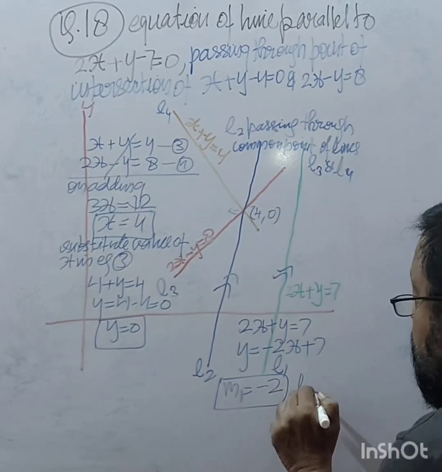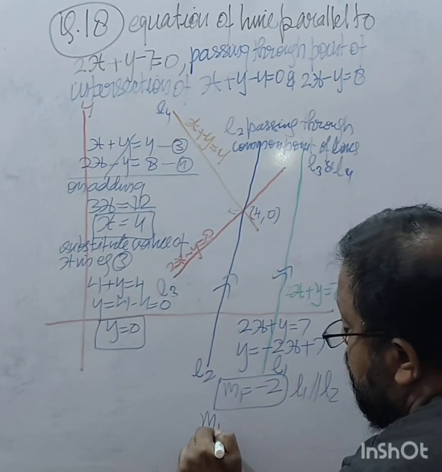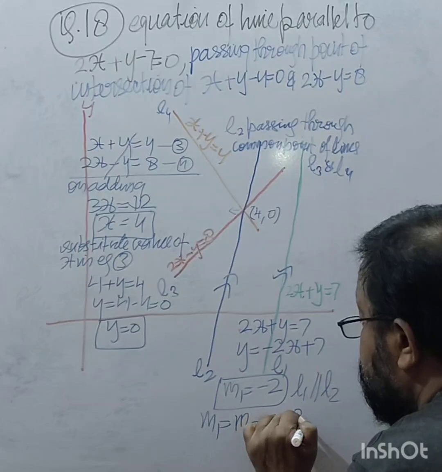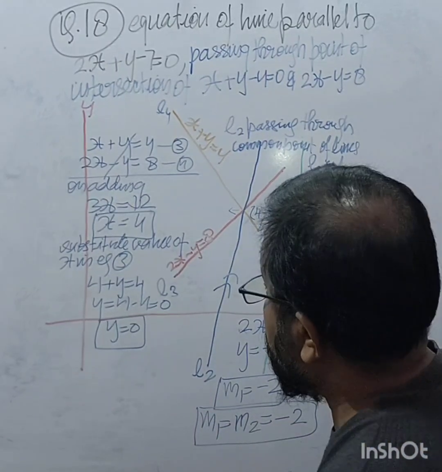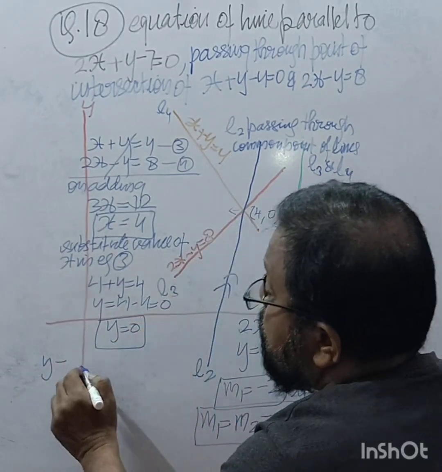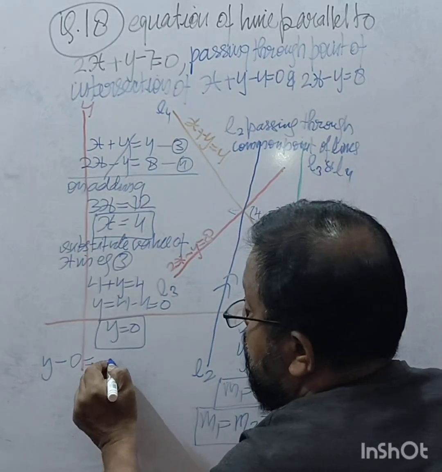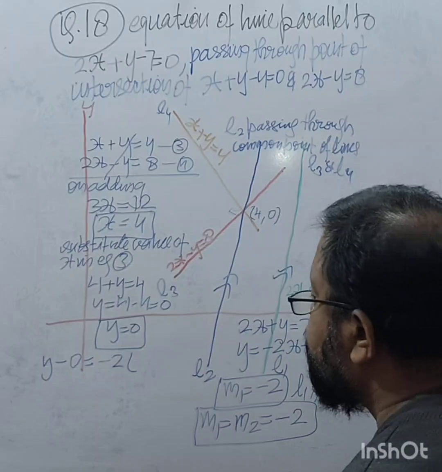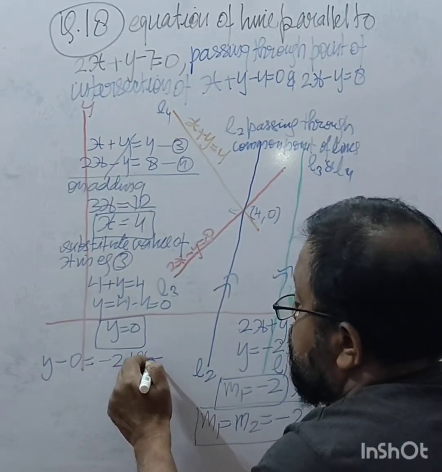Line L1 is parallel to L2, so m1 is equal to m2 is equal to minus 2, right? Now y minus 0 is equal to minus 2 bracket x minus 4.